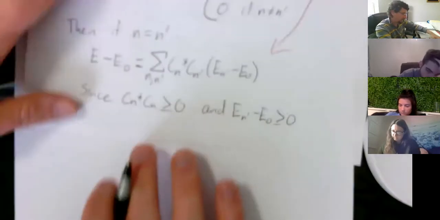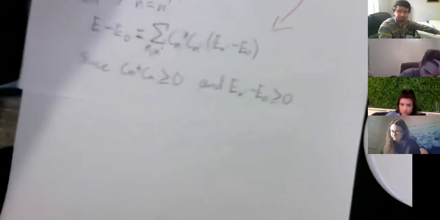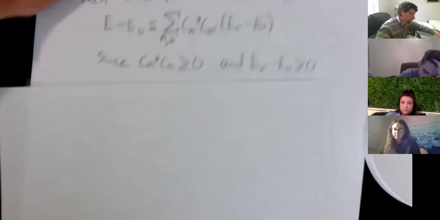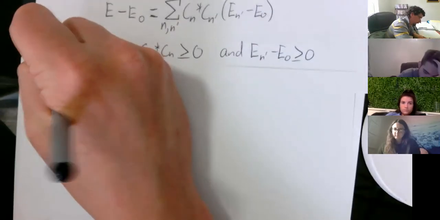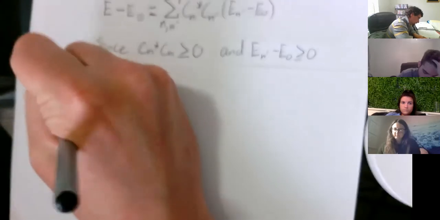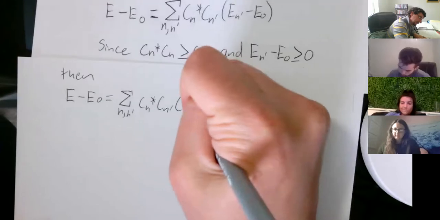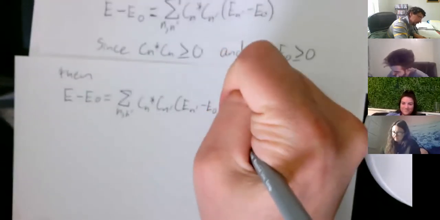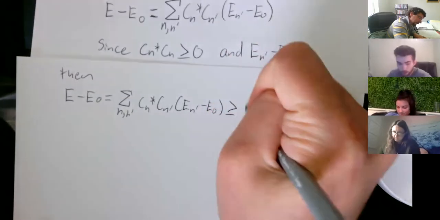Then we arrive at this expression. So then E minus E naught is equal to that summation that we had before, the sum over n prime of Cn star, Cn prime, times En prime minus E naught. All of that is greater than 0.